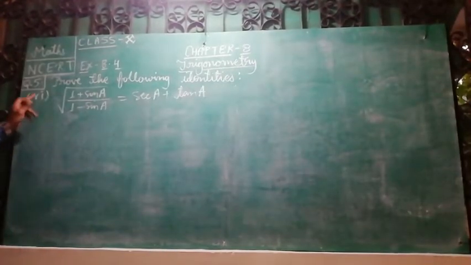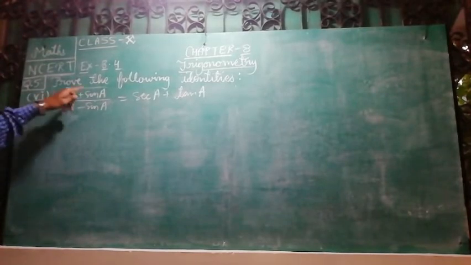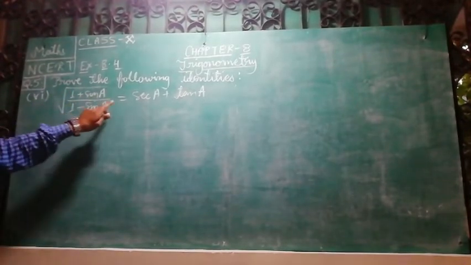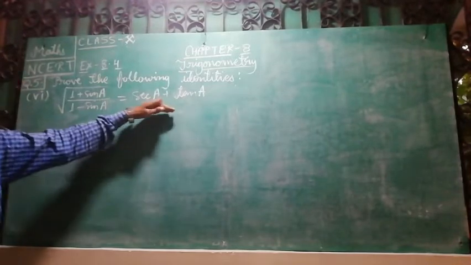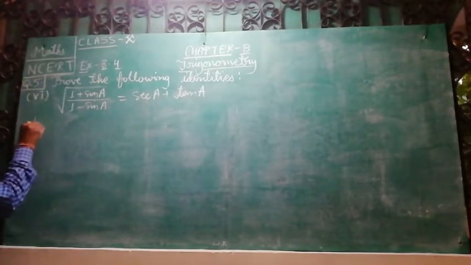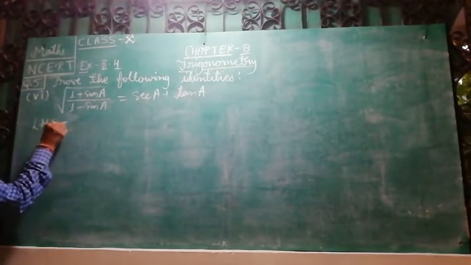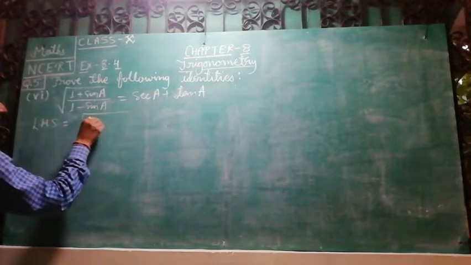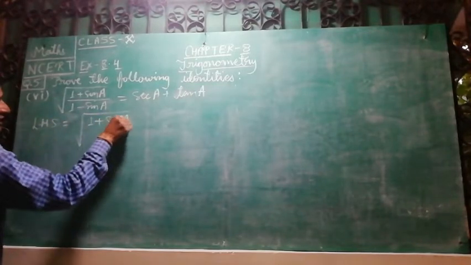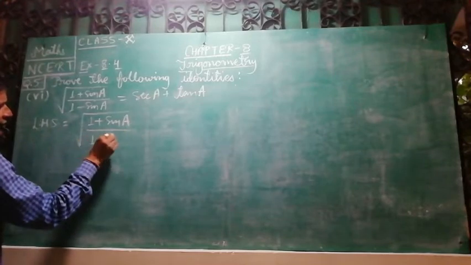Now see question 6 of 5. In LHS, root of 1 plus sin a upon 1 minus sin a is equal to sec a plus tan a. This we have to prove. So let us take LHS first of all. It is root of 1 plus sin a upon 1 minus sin a. We can rationalize the denominator here also, inside the root.